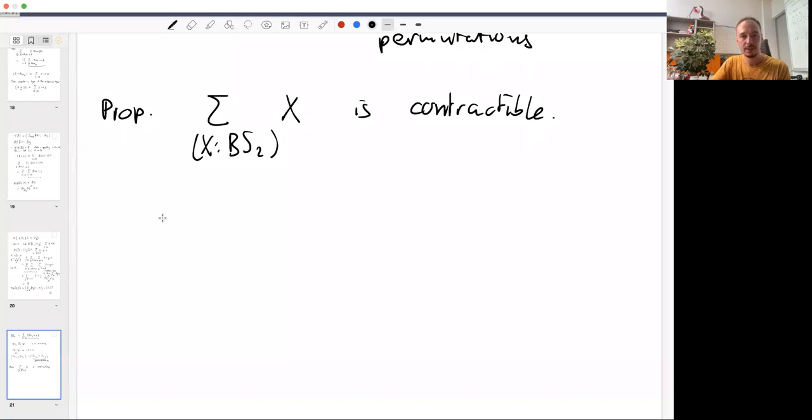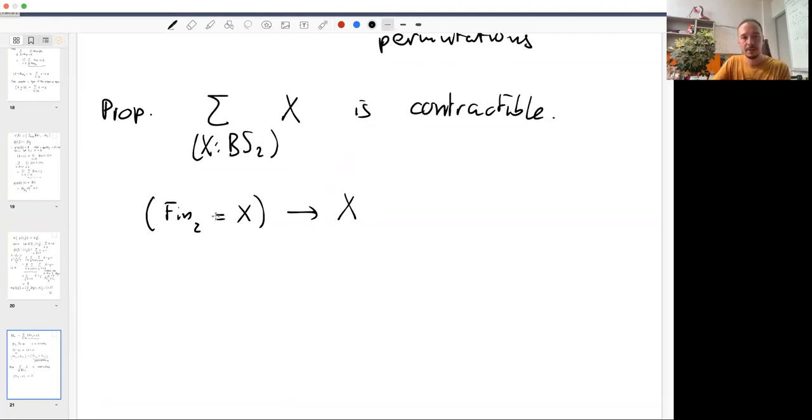So how do we prove this? Well, we already know that this is going to be contractible if and only if the map from Fin 2 to X to X is an equivalence.